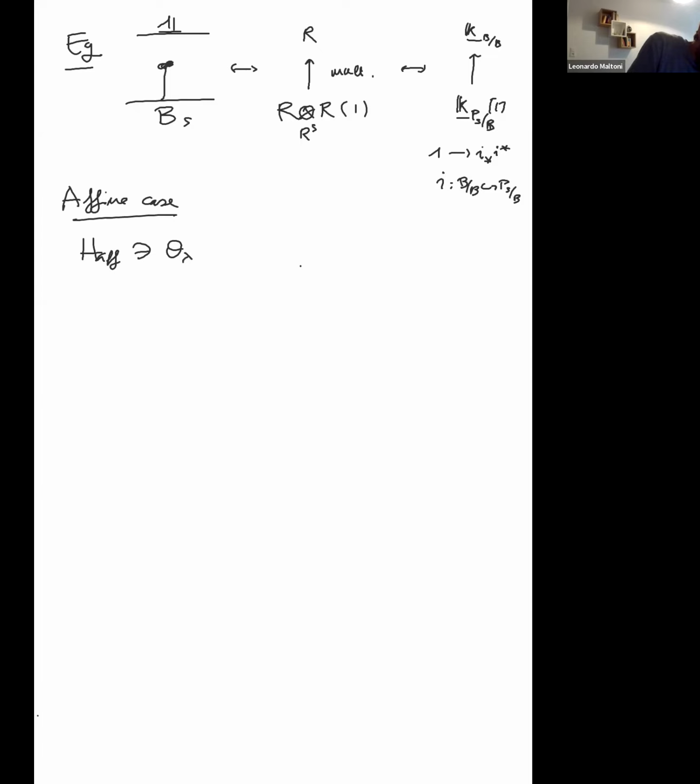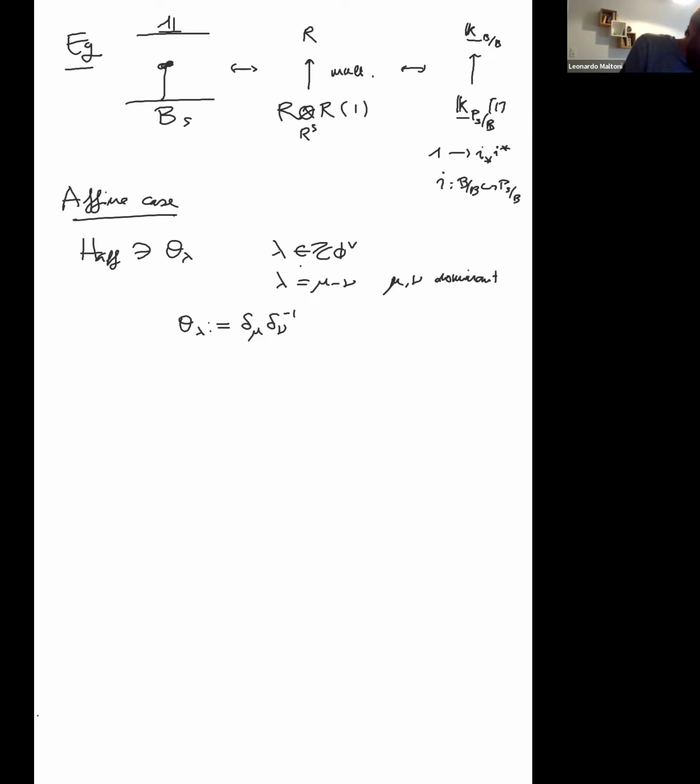If I take lambda to be a coroot, and I decompose it as mu minus nu, where mu and nu are dominant, then I can define theta lambda to be delta mu times delta nu inverse, where delta nu and delta mu are the standard basis elements associated with mu and nu, which are elements of the Weyl group.